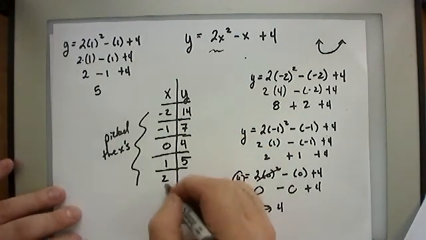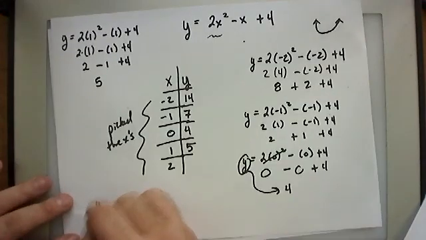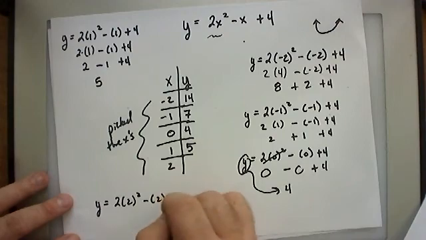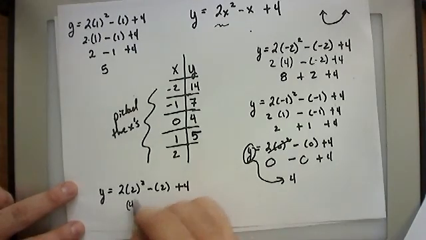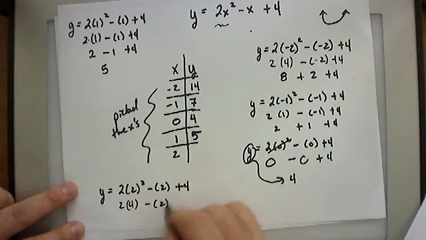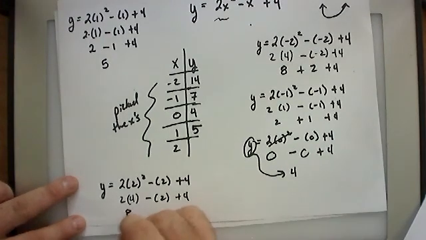And then the last one, we'll put in 2. And again, if you can do these in your head and get them correct, that's fine. 2 squared is 4 times 2 minus 2 plus 4, that's going to be 8 minus 2 plus 4. That's going to be 10.